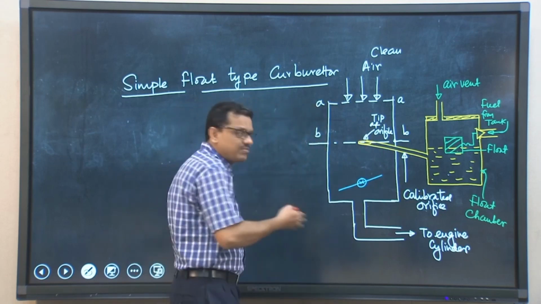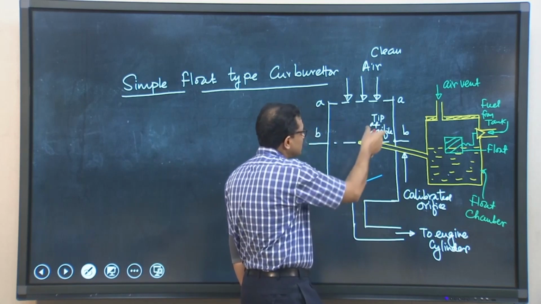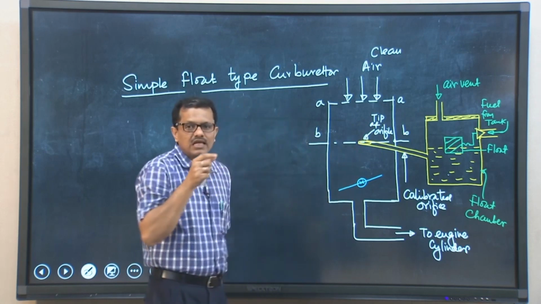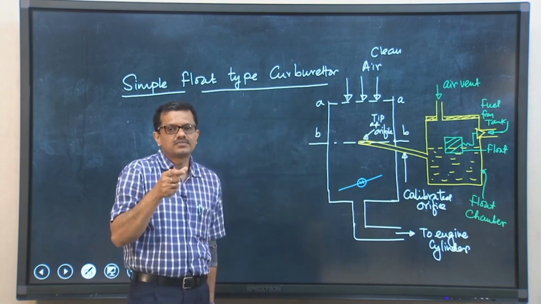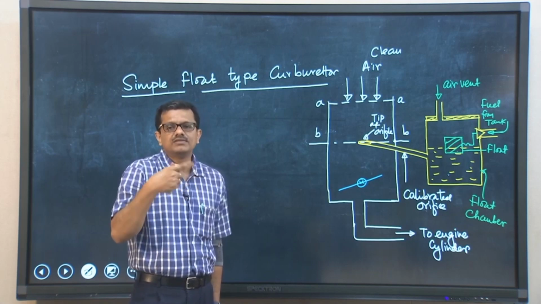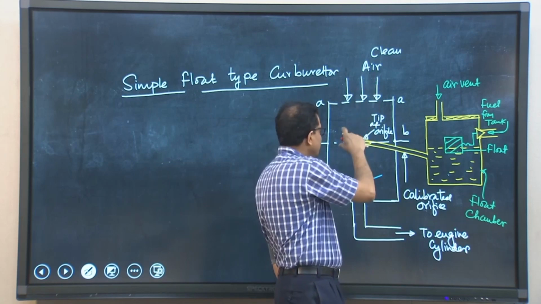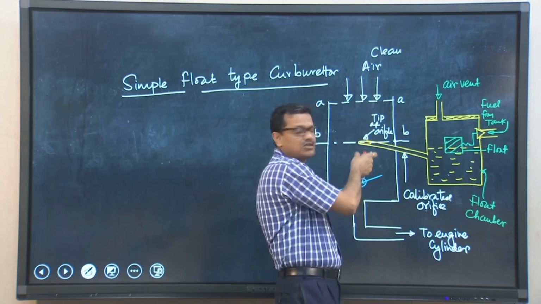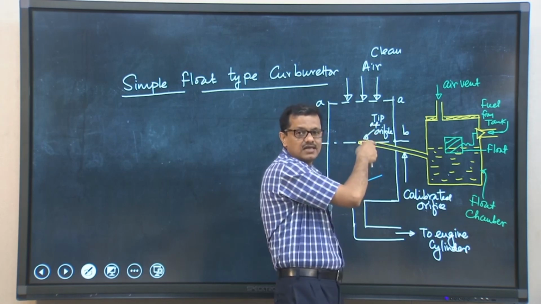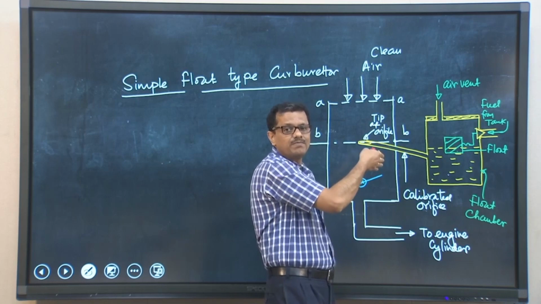To have this, we need to have some constricted passage, and that constricted passage will reduce the pressure and increase the velocity. So, that means air is coming from top. If we can somehow increase the velocity of air in this location where the tip of the orifice is, that increased velocity will lead to a drop in pressure.